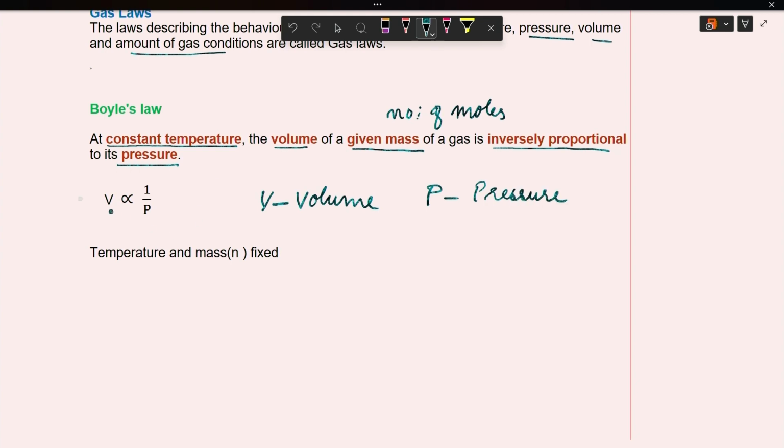Now, here V is proportional to 1 by P, and do not forget that temperature is fixed and mass is fixed, or the number of moles, which I am denoting as small n. In other words, n is also fixed. With temperature and mass fixed, volume will be inversely proportional to the pressure.